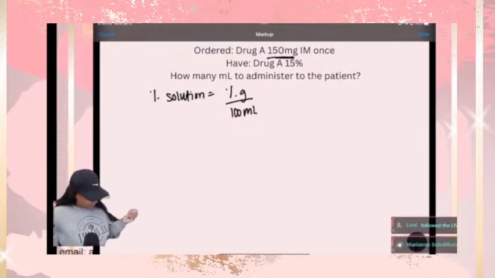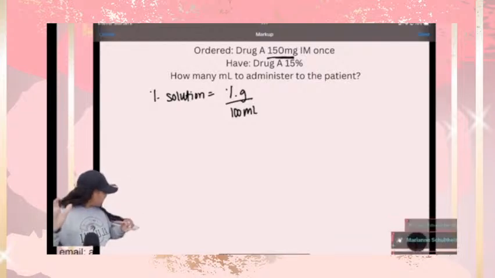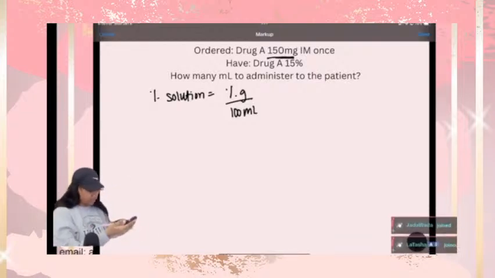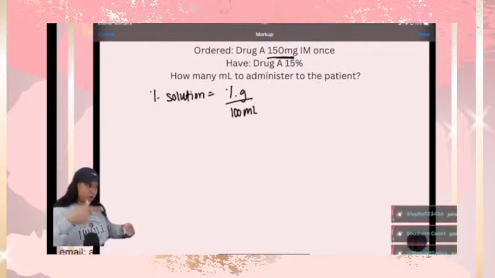All right, so let's look at this again, okay? Remember, a percent means a number per 100, right? So 15% is going to be 15 over 100.